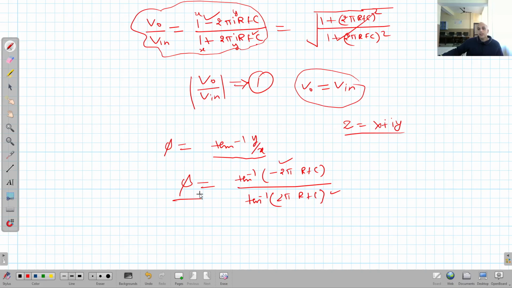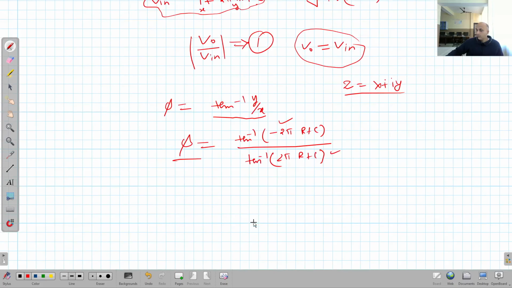Clear? Then when you simplify it with the knowledge of complex numbers, it will become tan inverse of minus 2 pi RFC, then tan inverse of 2 pi RFC. Now tan inverse of negative theta means minus tan inverse theta. So it becomes like this.